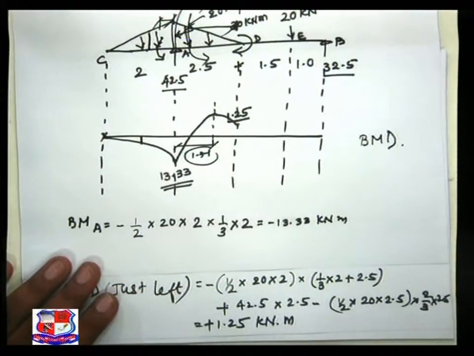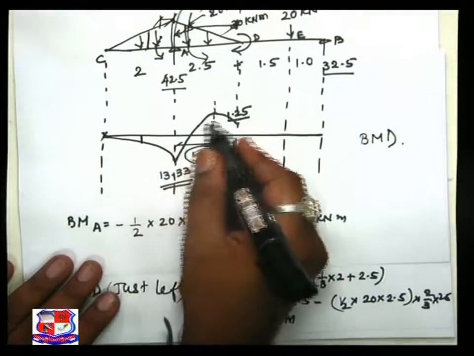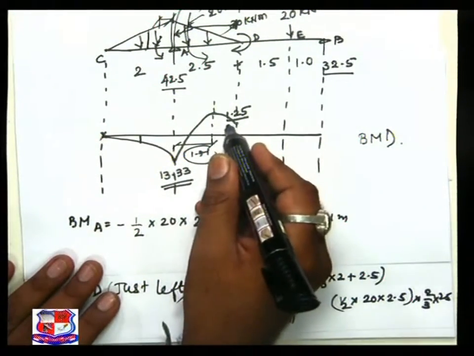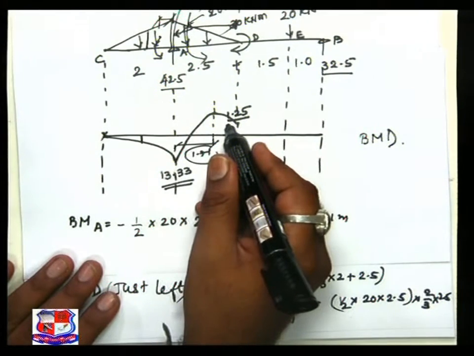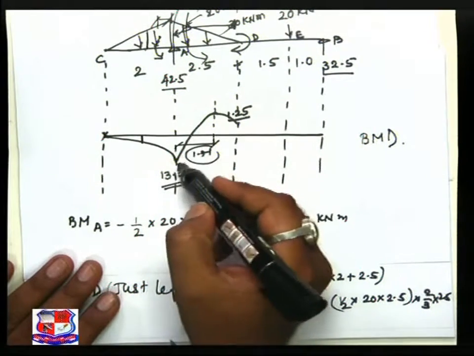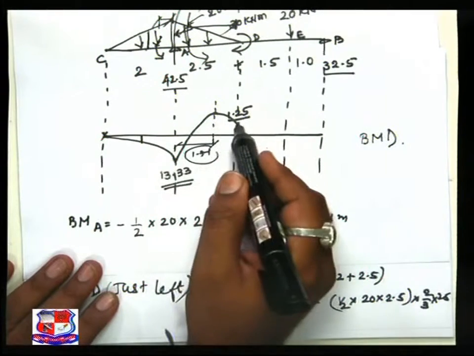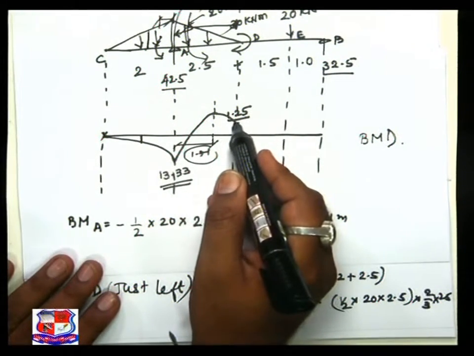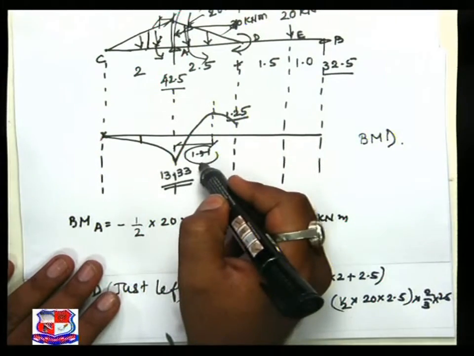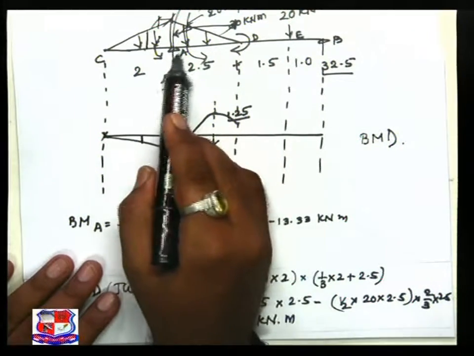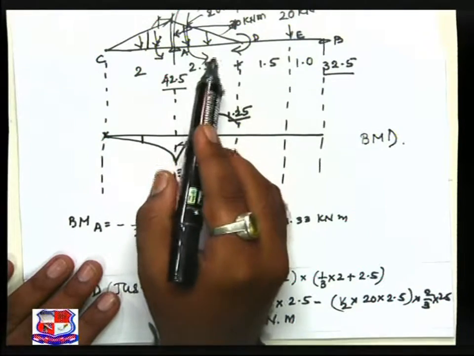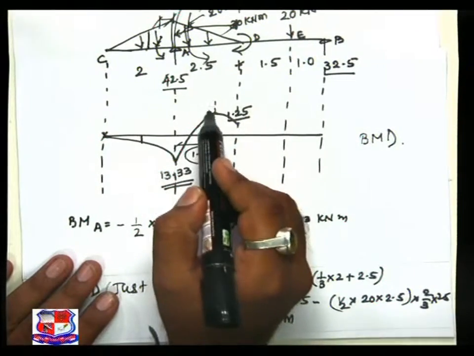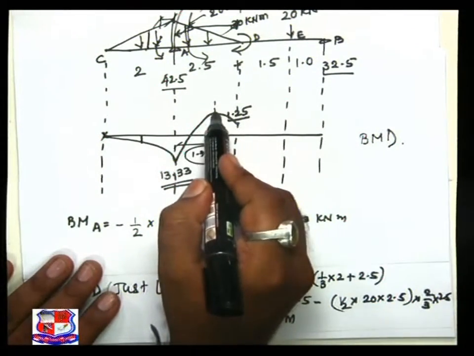I wish now it is clear to you, and this nature is of cubic parabola. Kindly observe why I have taken this kind of curve, because in the shear force diagram we found that at the distance of 1.7 meter from support A I got the maximum bending moment, and hence I have to plot this maximum ordinate over here.